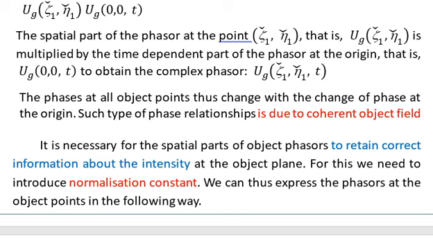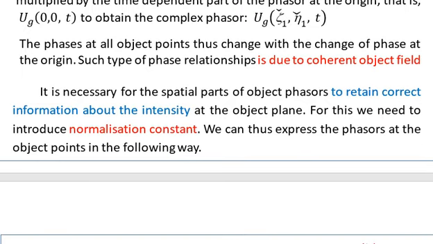Such a phase relationship is due to a coherent object field. We can only reference the phases at the other points with respect to the origin when we are discussing a coherent system, that is, when our field at the object plane, the zeta eta plane, is coherent. Under such a condition we can write the phasor as described above.